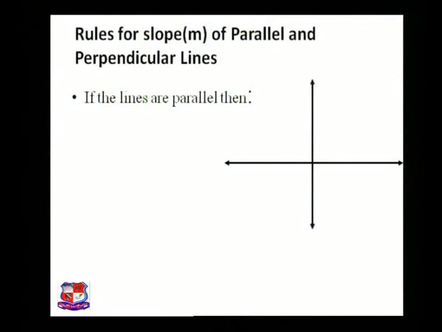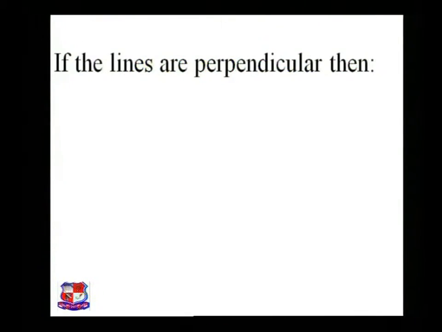If we look at the PPT here, if the lines are parallel, then the slopes of the two lines are equal. If these two lines are parallel, then m1 is equal to m2, because the angle with the positive x direction is the same for both lines. So tan theta is the same, and so the slopes are the same. So m1 is equal to m2 if two lines are parallel. If the lines are perpendicular, then m1 into m2 is equal to minus 1.